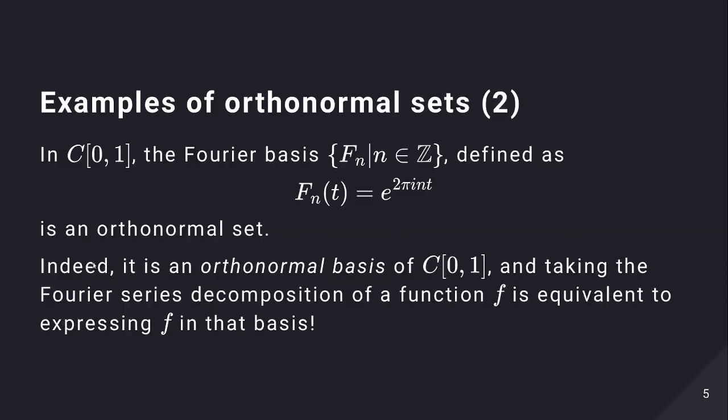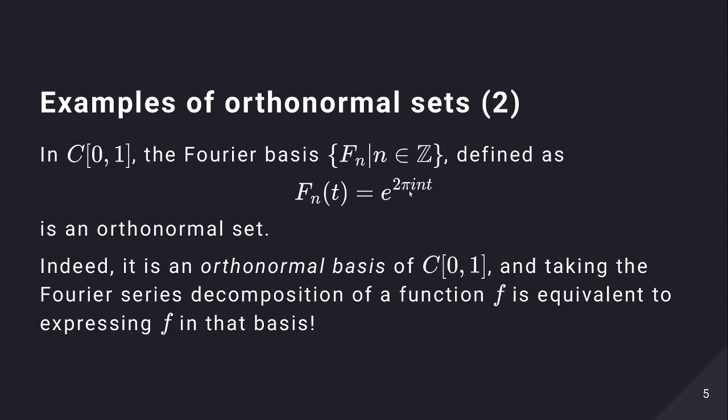But we have some other, more interesting examples in function spaces. For example, if you take the set of continuous functions on the interval 0 to 1, then we have the Fourier basis, defined as f_n(t) equals e to the 2 pi i n t.